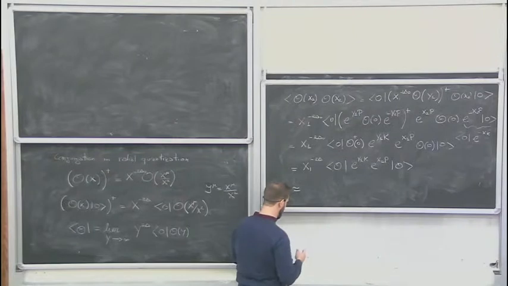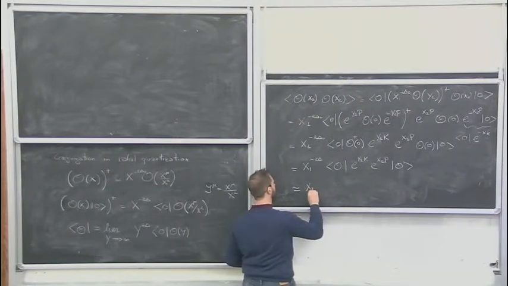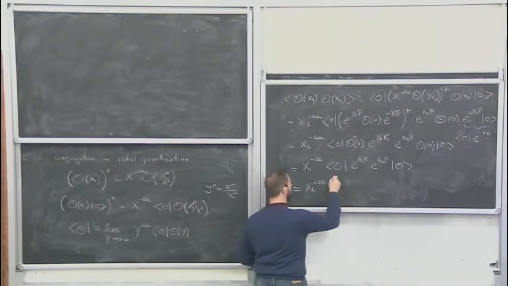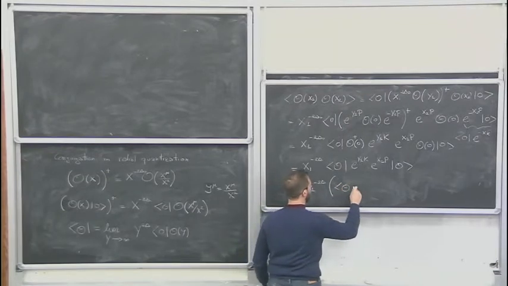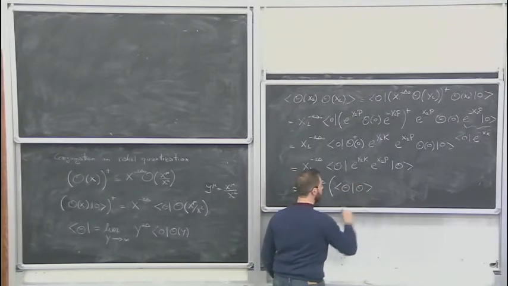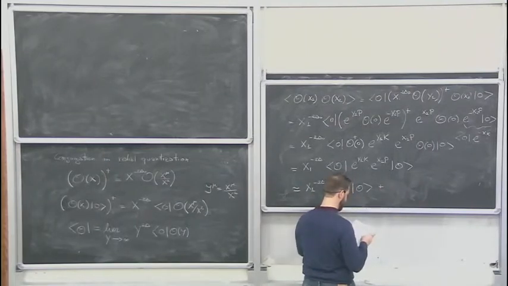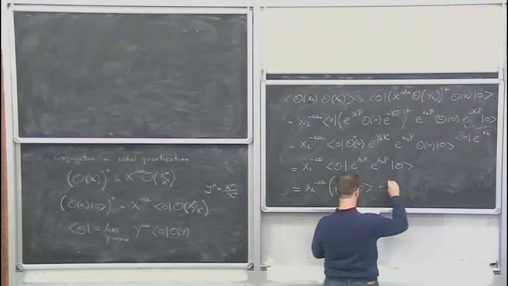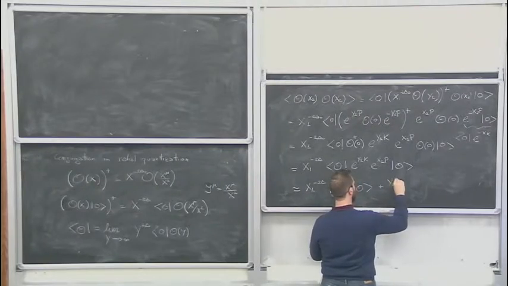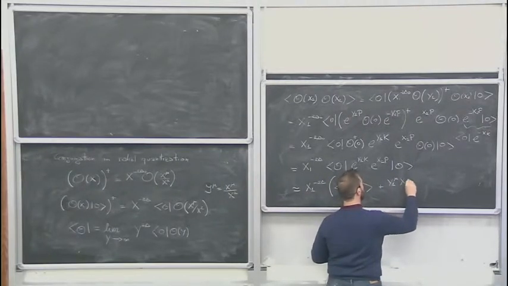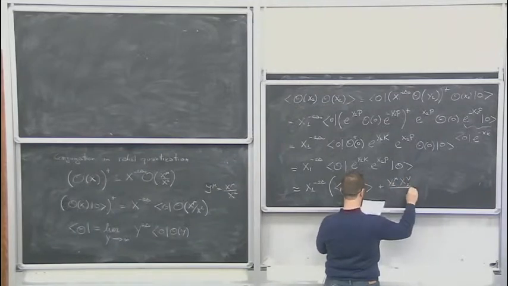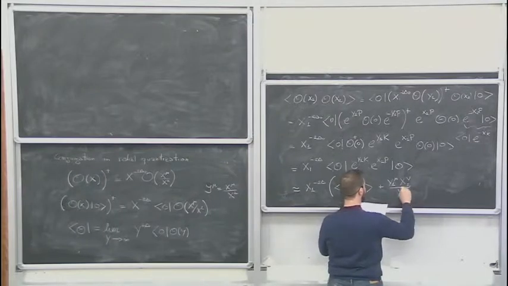So this would be something like x1 to the minus 2 delta. There is the norm of the primary, and then you get the second term, which is something like y1 mu x2 nu divided by y square.